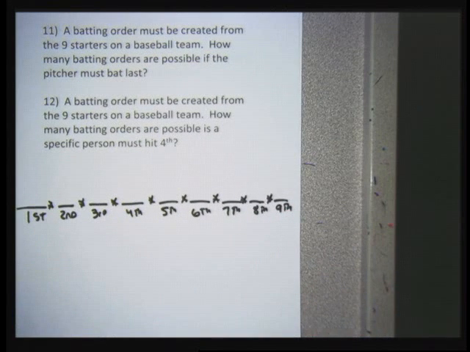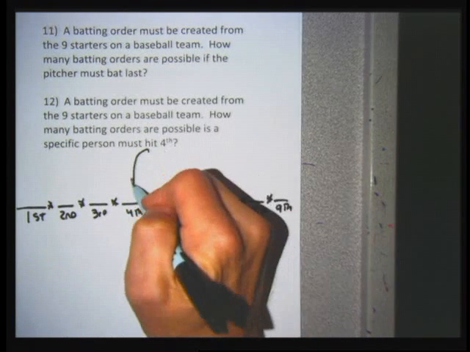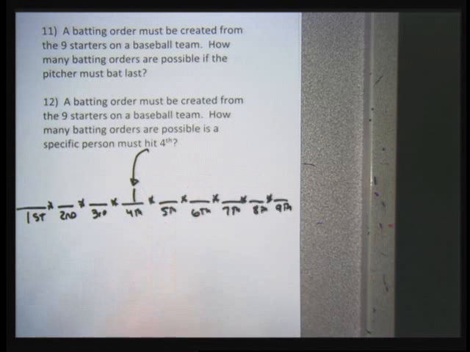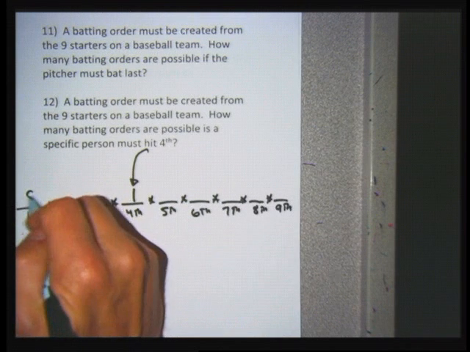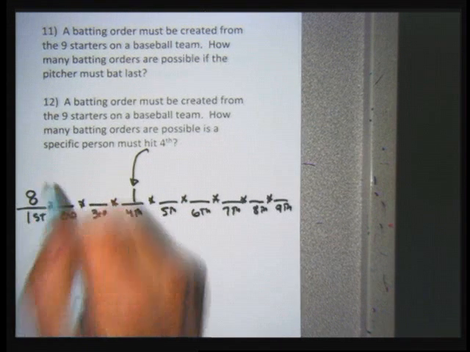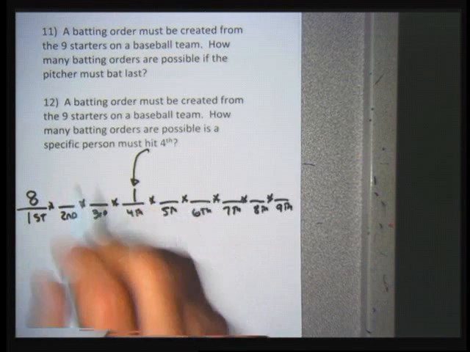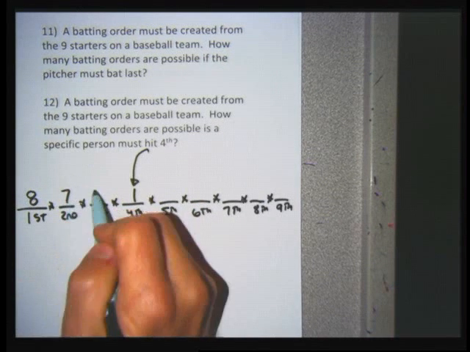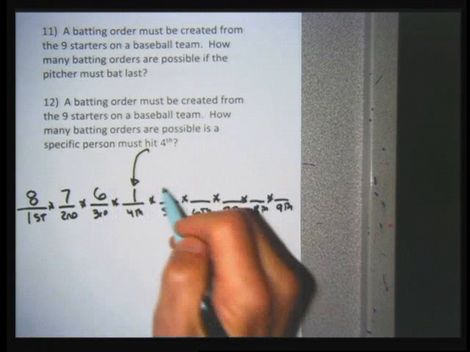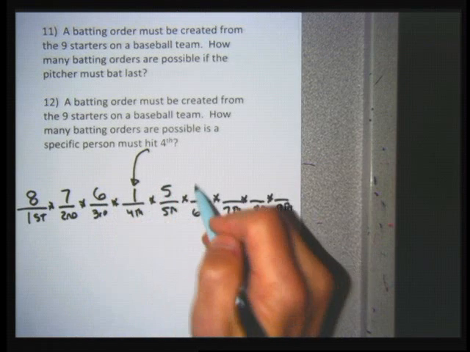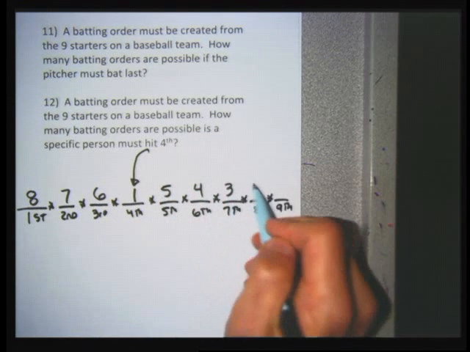So for my problem, there's a specific person who must hit 4th, so there's only 1 player to choose from for the 4th player. Now there aren't any other restrictions on the other starters, so any of the other 8 people could bat first. And once I place a first, I have 2 of the 9 picked. I'm going to decrement by 1 each time because I can't have a person bat more than once and everybody needs to bat.